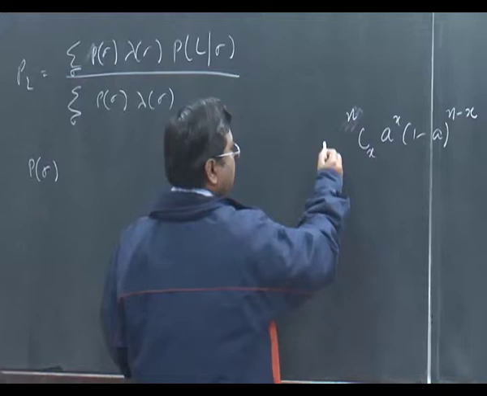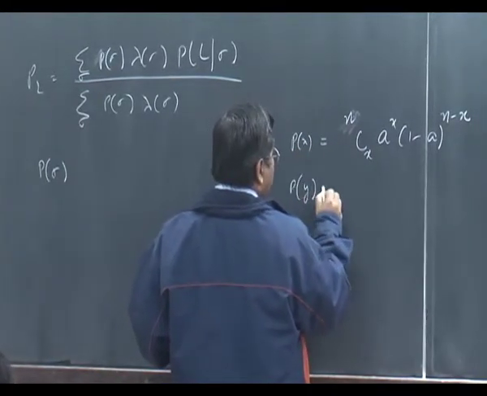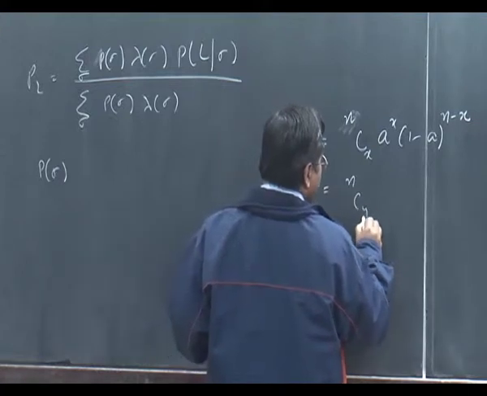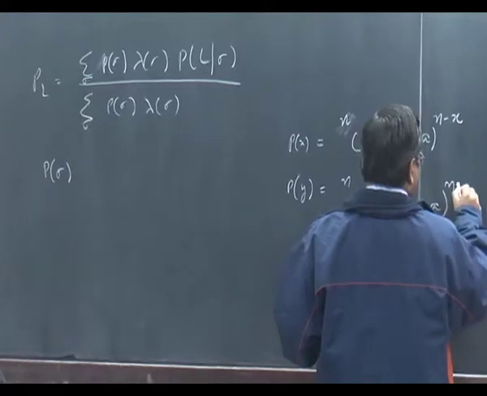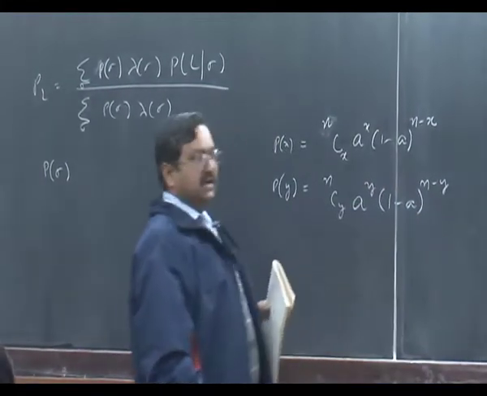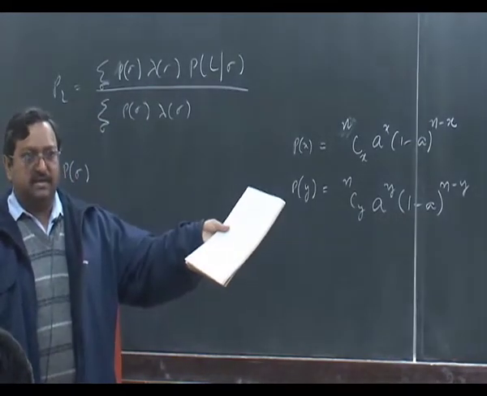That was the probability of being in state X, and correspondingly the probability of being in state Y was, that's what we had done. Okay. This I had got from the Engset distribution.